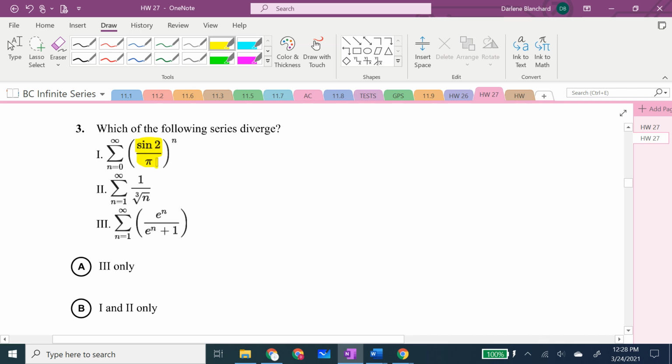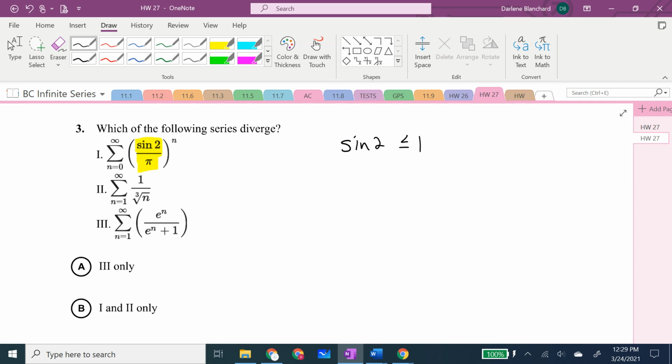I need to figure out what number this is, but maybe I don't need to know exactly what number it is. This is a geometric series. I only need to know if that number is between -1 and 1 or not. Sine will at best be less than or equal to 1. For sure, you know that inequality.